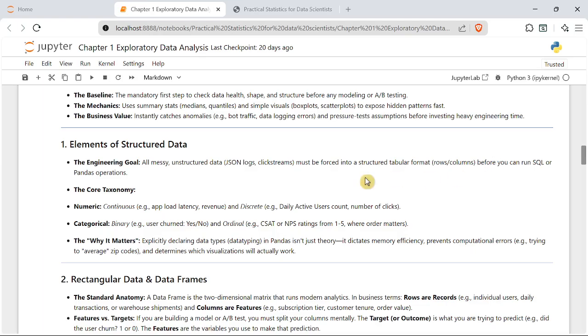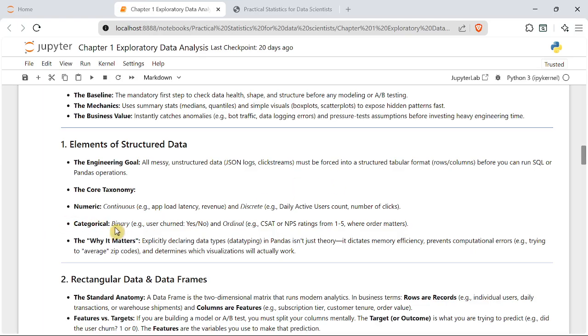The data taxonomy. Structured data is of two types, numeric and categorical. Numeric data is further divided into two parts, continuous and discrete. Continuous, example: app load latency, revenue, etc. Discrete: daily active user counts, number of clicks.